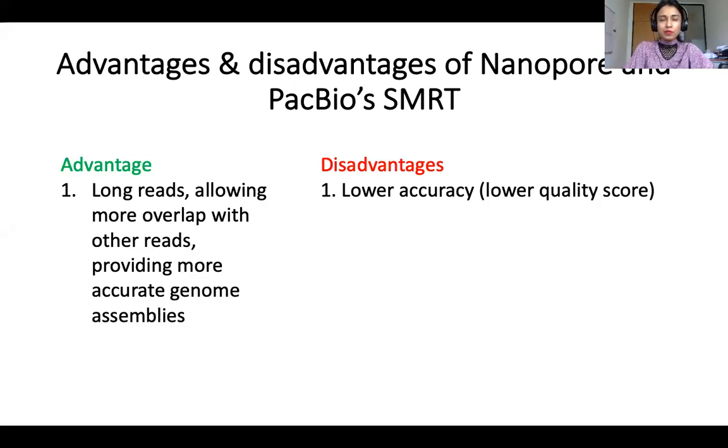And when you have 100,000 bases in each fragment, you are bound to have errors, and so you have lower accuracy, therefore lower quality score, right? This is the term they use to refer to low accuracy, which is quality score, also known as Phred score, right?